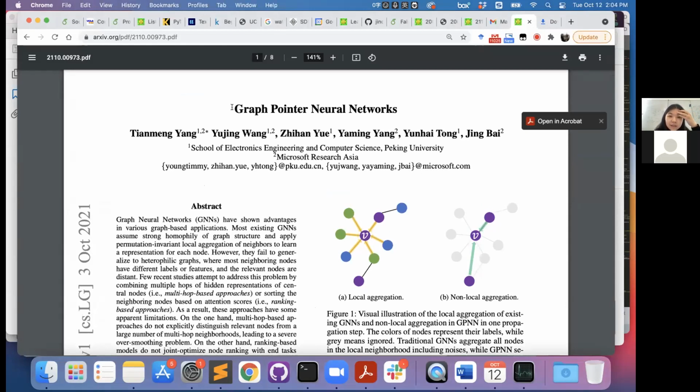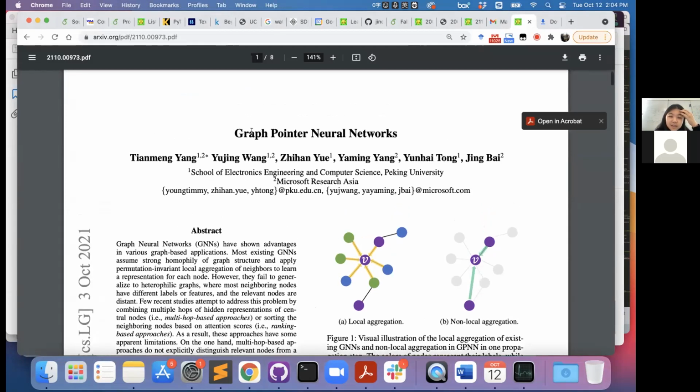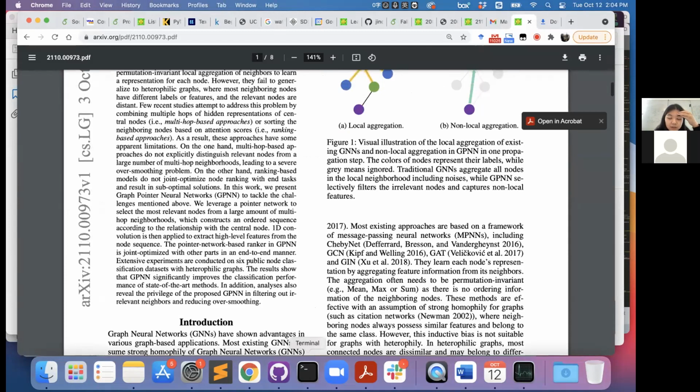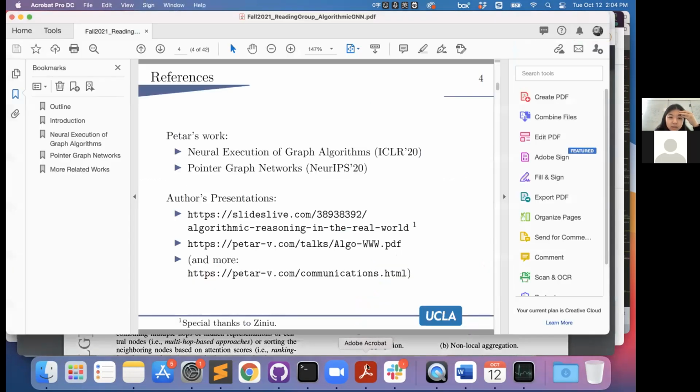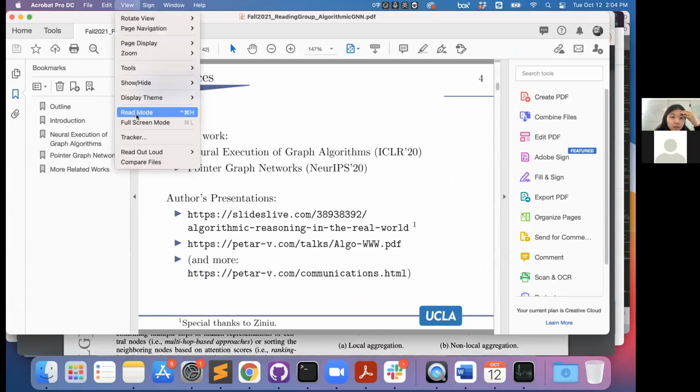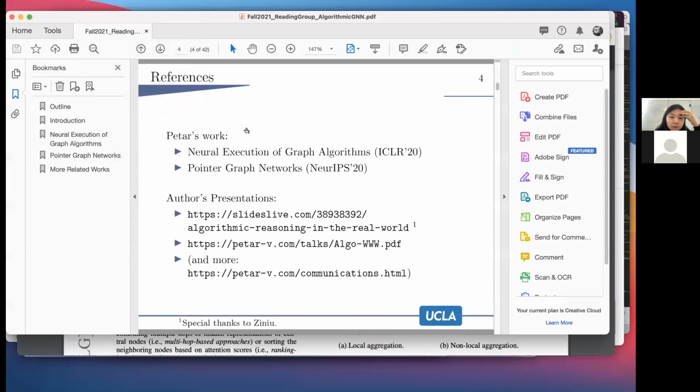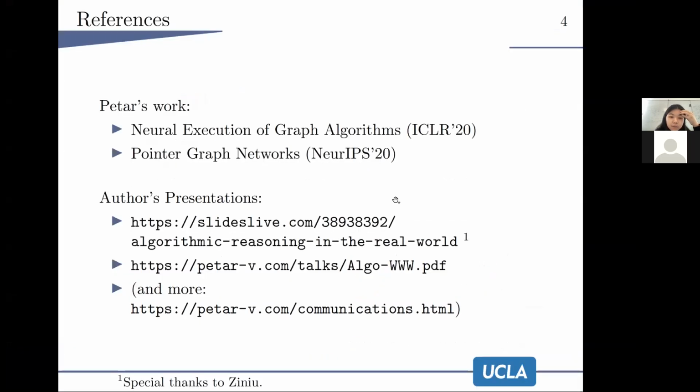To begin with, earlier today, Emily asked me whether this is related to the graph pointer neural networks. I took a quick glance at that paper, and I should say no. Today we will include two papers, and one of them is called pointer graph networks.